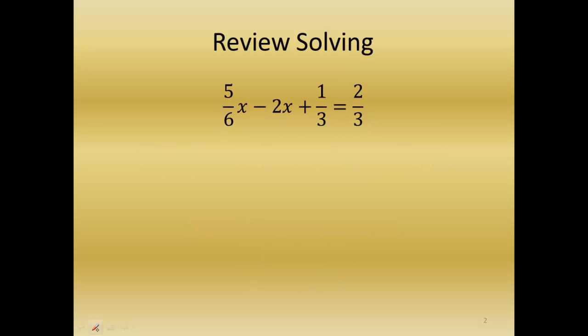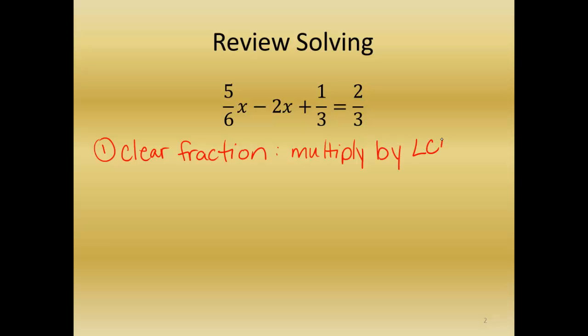So first, before we begin, I want to go back to some things we did at the beginning of the year. When we had a fraction in here, our big rule is to clear this fraction. And we clear this fraction by multiplying by that common denominator.